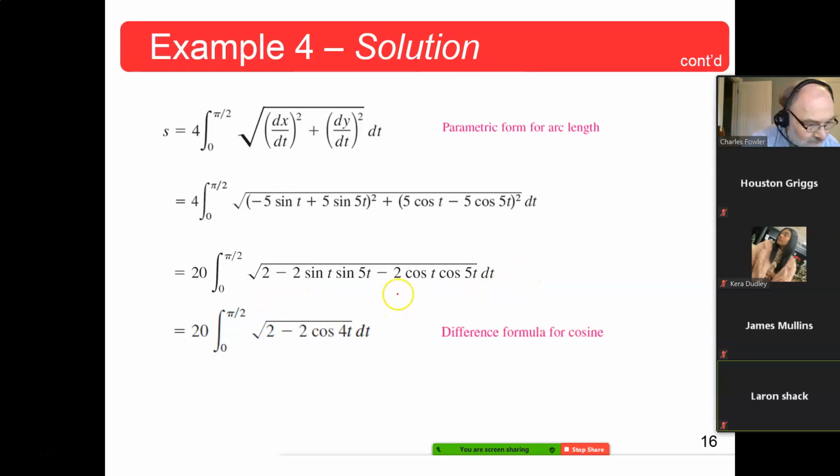The cosine of 2u is equal to, I'm going to do the middle one here, 2 times the cosine squared u minus 1. Now that doesn't look too much like what we've got here, unless we do some fiddling with it.